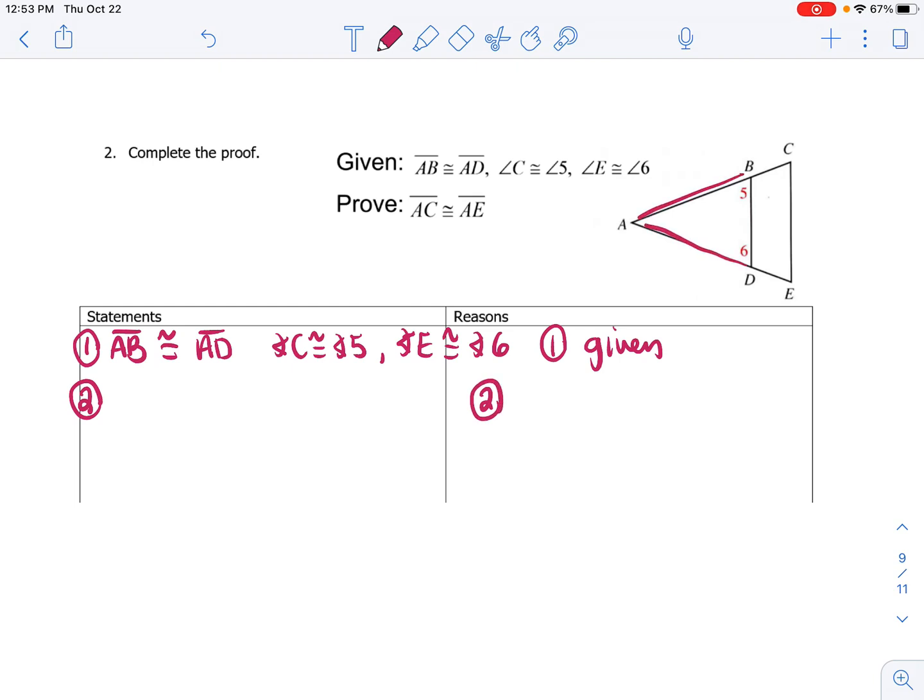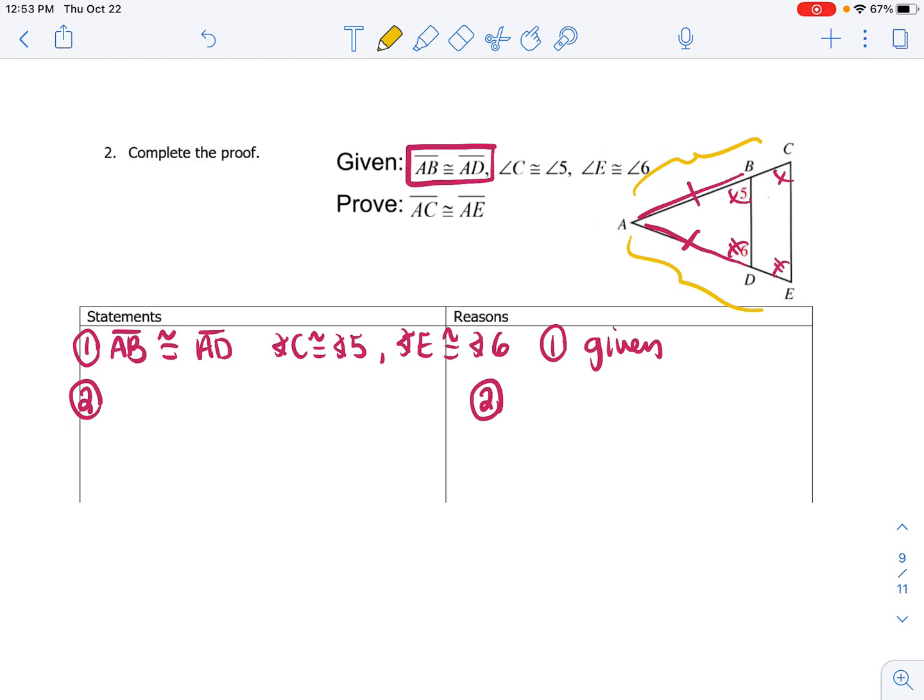So if I have AB and AD congruent, let's address one bit of the proof at a time. Then we know that angle C is congruent to angle 5 and angle E is congruent to angle 6. We want to prove that these bigger sides, AE, is congruent to AC.